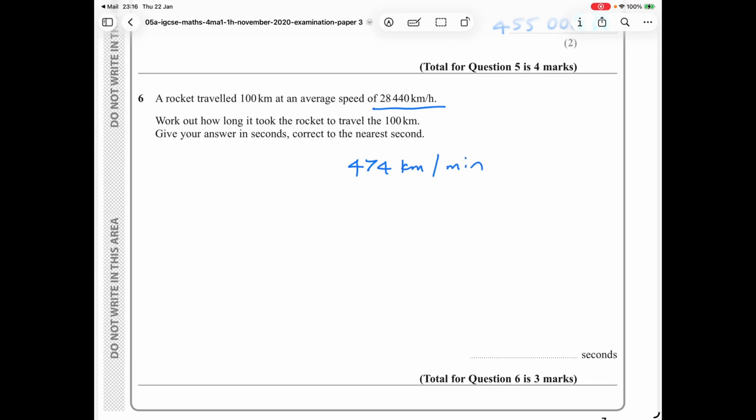Let's divide that again by 60, and in 1 second the rocket went 7.9 kilometres.